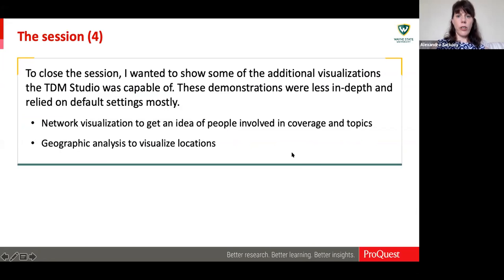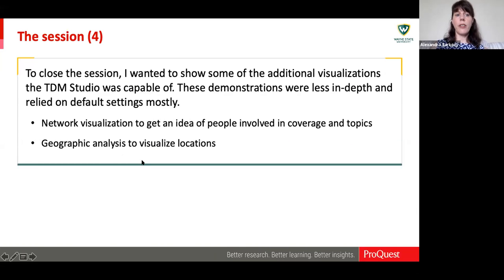And to close the session, I wanted to show some of the additional visualizations the TDM Studio was capable of. The demonstrations were less in depth and they relied on default settings, but the network visualization will also show people, places, organizations that are mentioned often in the corpus as well as in individual topics.